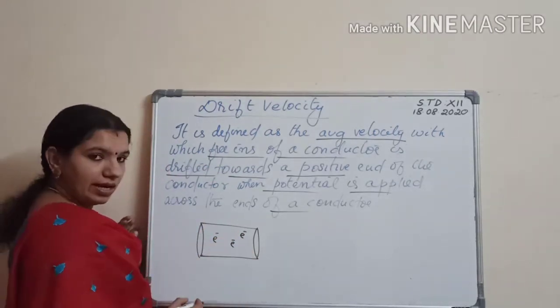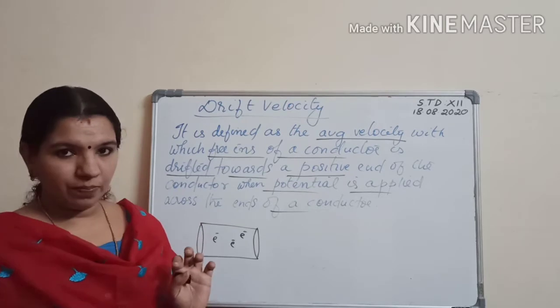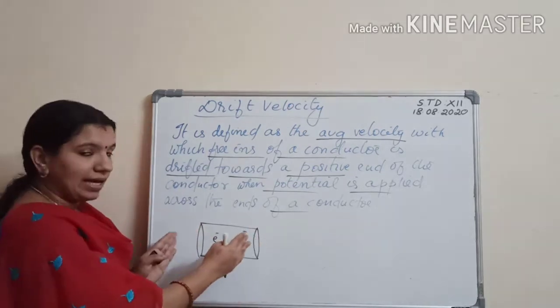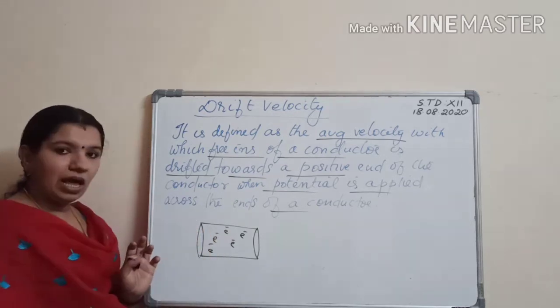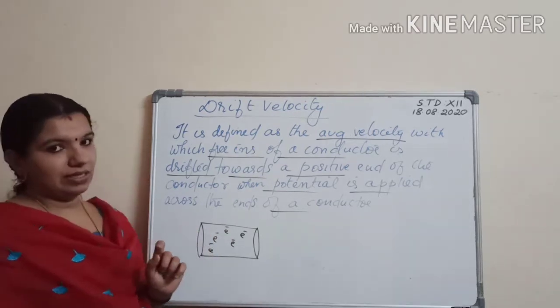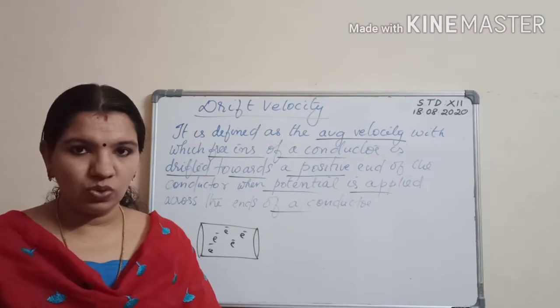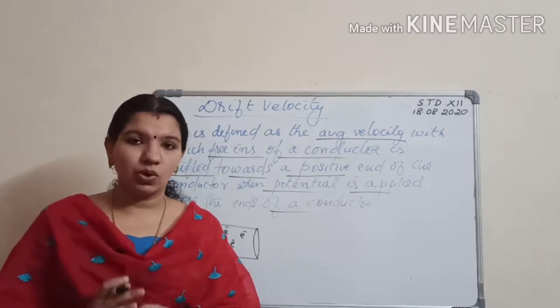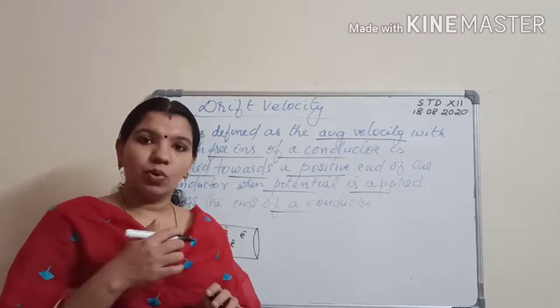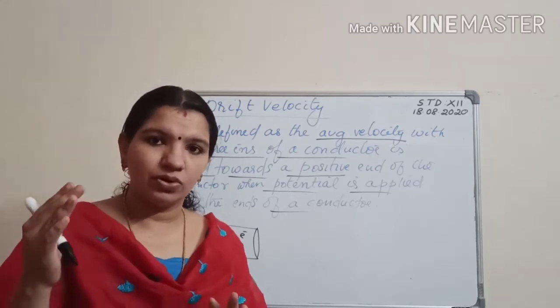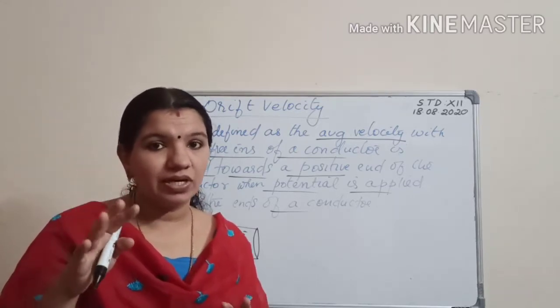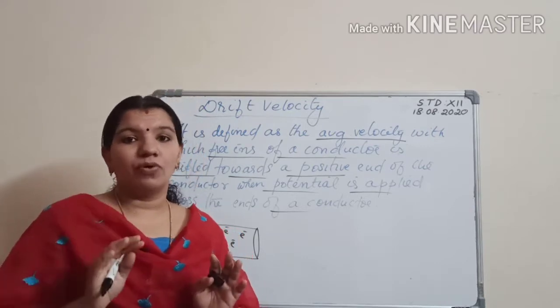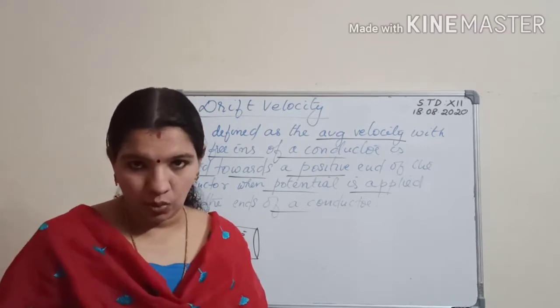Before applying an electric field, the electrons are in random motion, and when we take the sum of their velocities and average it, you will get 0. Like gas molecules, which are in random motion, the average velocity is 0.